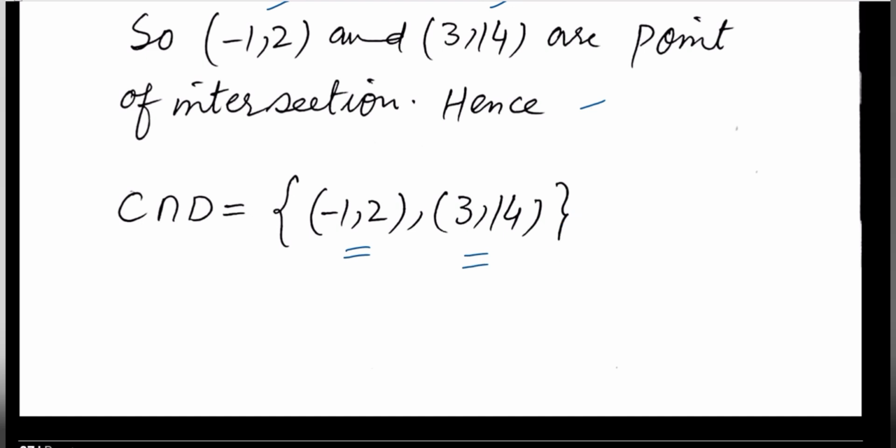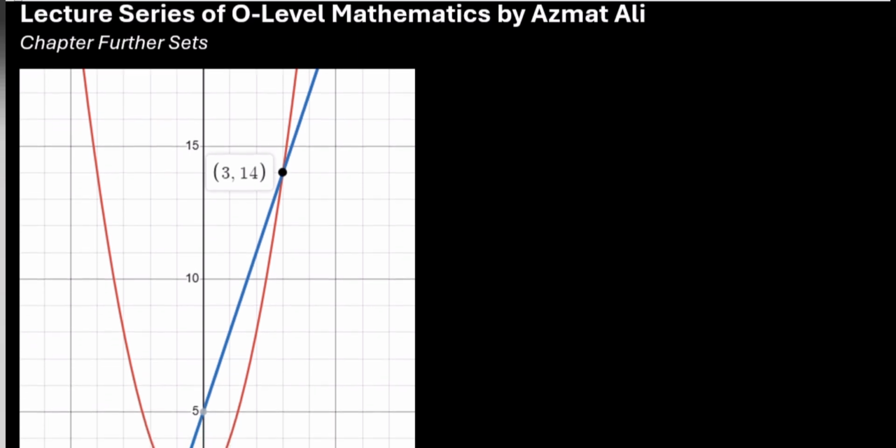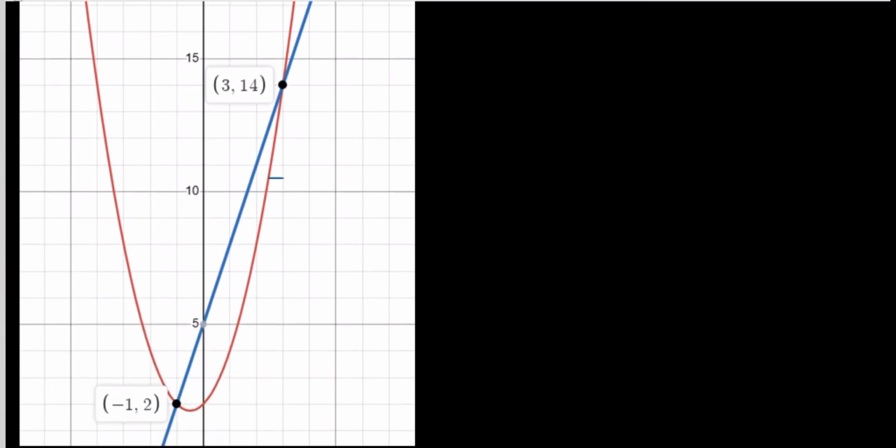You can visualize this question in the graph here. This red curve shows the graph of y is equal to x square plus x plus 2, while my line is y is equal to 3x plus 5.